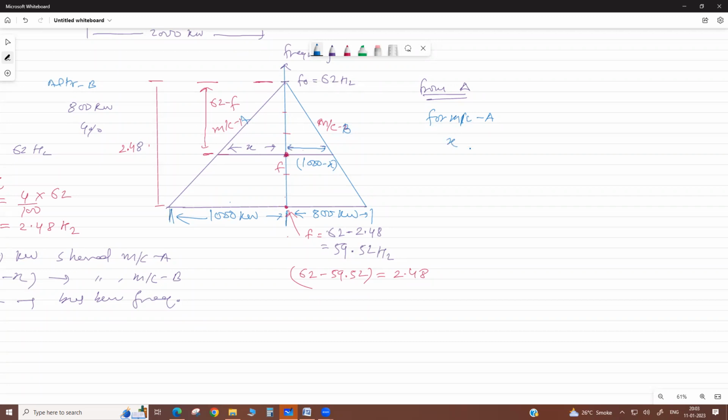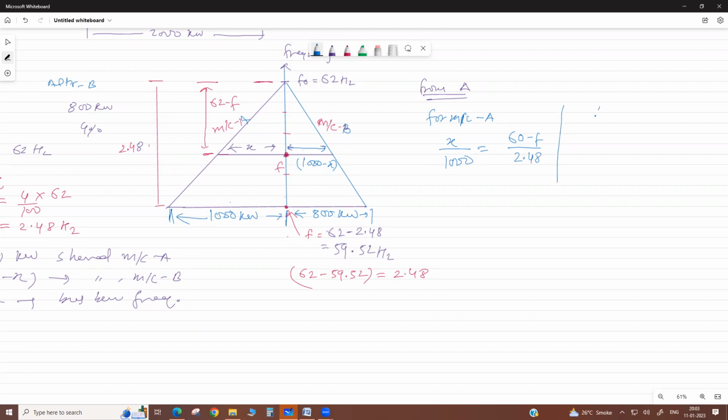So now small triangle to big triangle, ratio of their bases equals ratio of their heights. Now small triangle height is this 2, so big triangle height is 2.48.